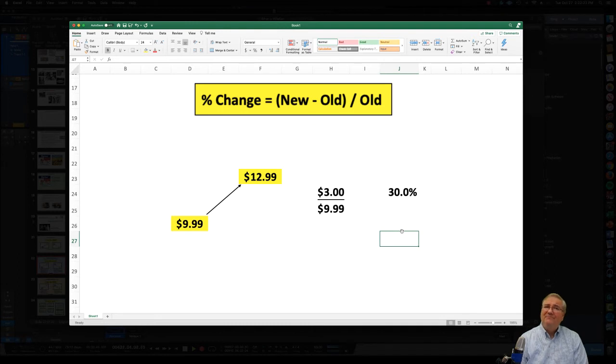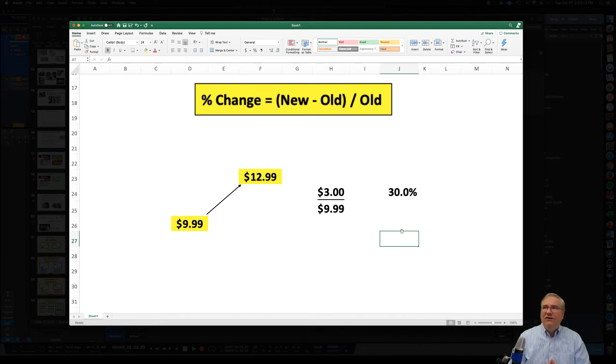Not too bad. So a helpful hint here, to help you remember the percentage change formula going forward, I encourage you to just simply repeat it out loud to yourself a few times. And after a while, you'll get a hang of it, so that whenever you're faced with two numbers and you need to calculate percentage change, just remember that it's always new minus old in the numerator divided by the old number in the denominator.